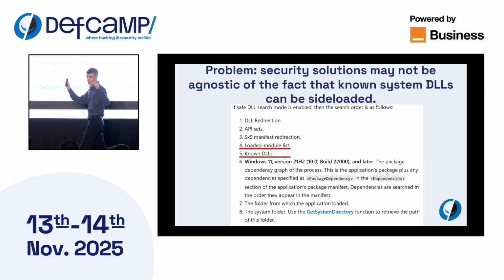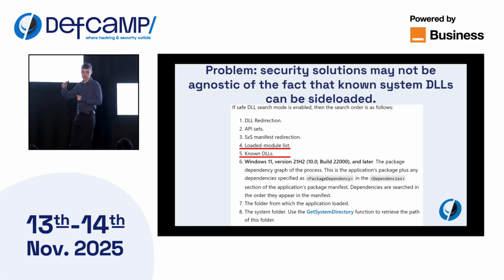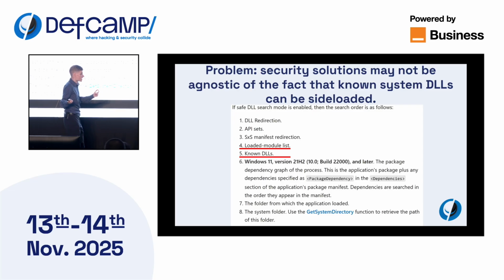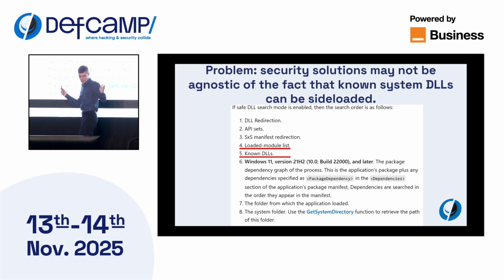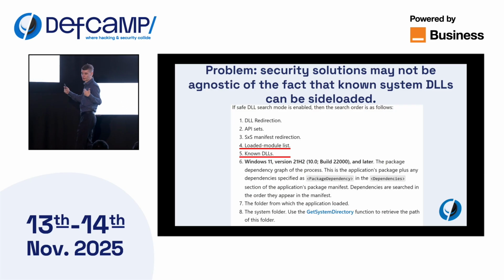And another problem is not just the software that is vulnerable, but the security solutions that are designed to detect DLL side-loading. Imagine that a security solution has been using a machine learning module to identify which loads of DLLs are side-loading and which are not. Imagine if the module never saw that these known DLLs, and DLLs that are already loaded, can be side-loaded.